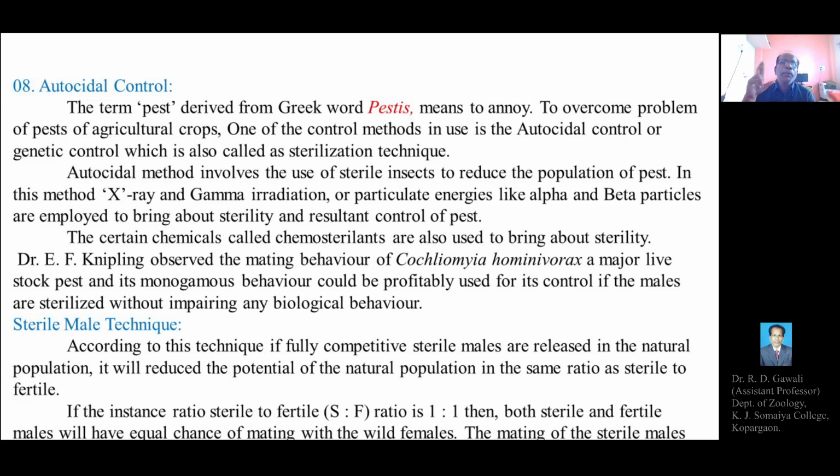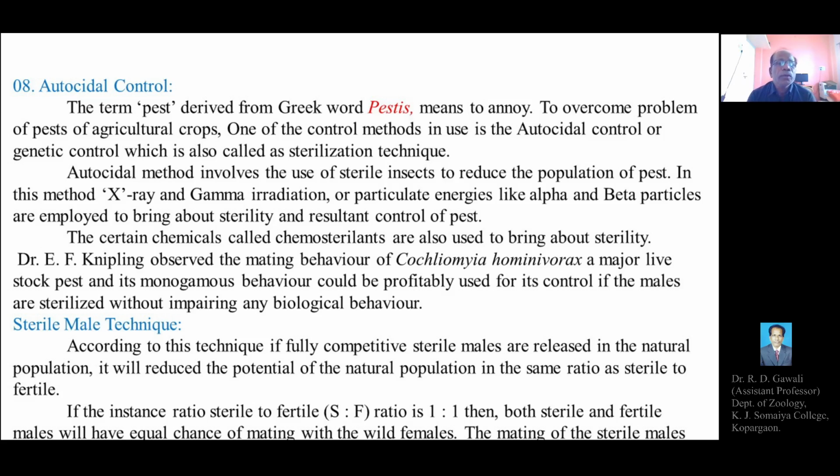So it was Dr. E. F. Knipling who first tried the sterile male technique for the purpose of pest control.